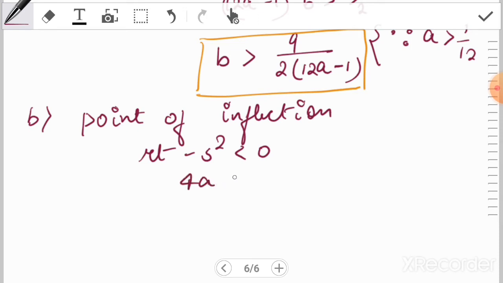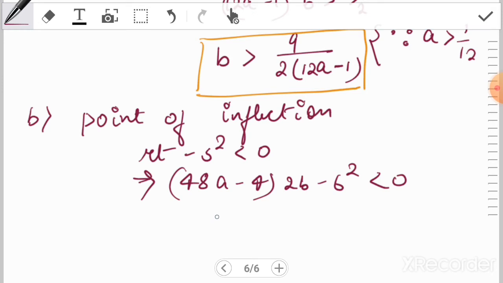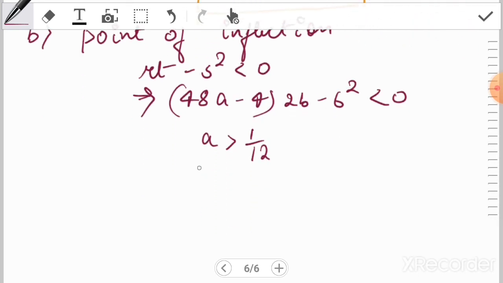So (48a minus 4)(2b) minus 6 square less than 0, which gives a greater than 1 by 12, as we had, and b less than 9 by 2(12a minus 1).